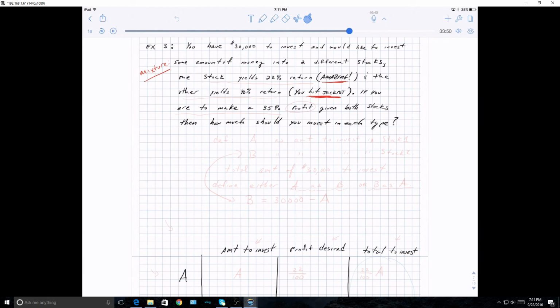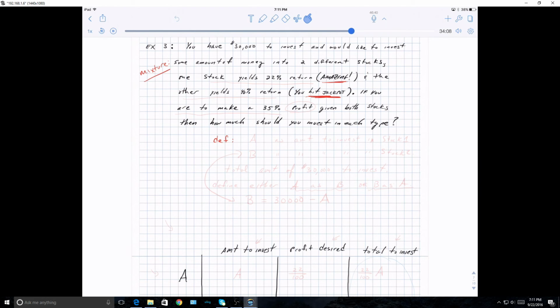Okay? So we're going to have to do some definitions, right? So we're going to have to define some variables, and then we might have to make a table and work the process through. So how about we just do A and B?